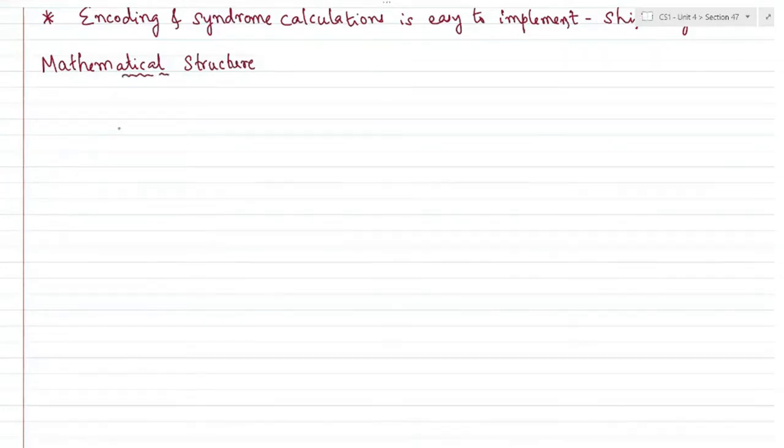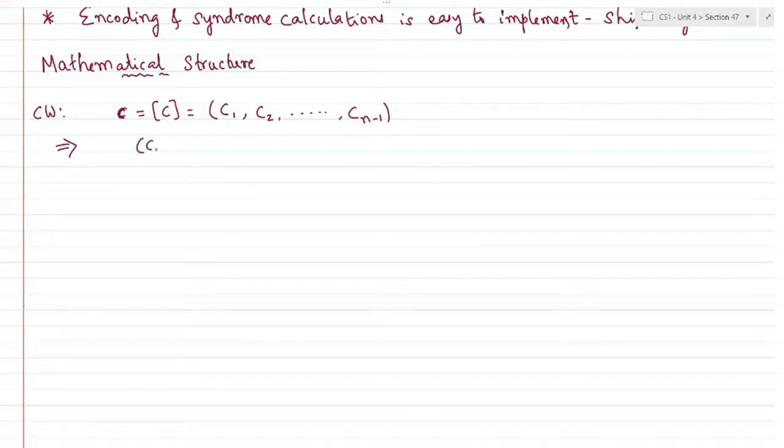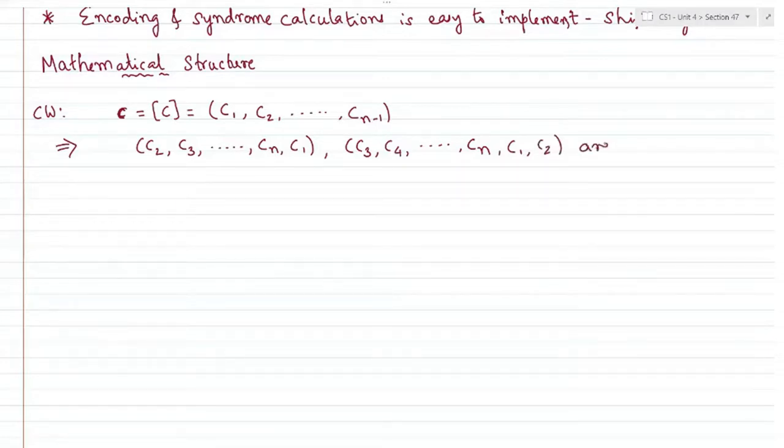If I say a code C, denoted as bold C, or you can say a row vector C, represented as C1, C2 up to Cn minus 1 as a code word, then the word cyclic code means that the set C2, C3 up to Cn, C1, which is obtained as one left shift of the previous code word, and similarly C3, C4 up to Cn, C1, C2, are also code words, obtained by cyclically shifting.